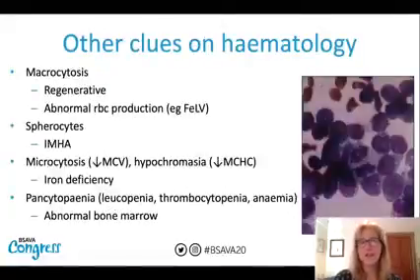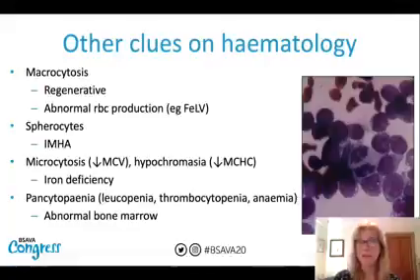There are some other clues on our haematology that we can look for. So macrocytosis, I mentioned, can be associated with a regenerative response because immature cells tend to be larger, but also macrocytosis can be associated with some bone marrow dysplasias and problems, for example, FeLV associated issues. So it's not always good news to see a macrocytosis, but it certainly is useful information for us to see.